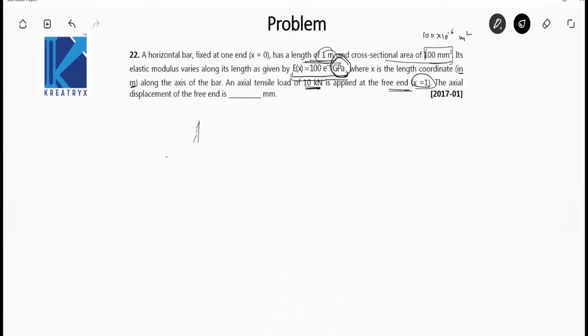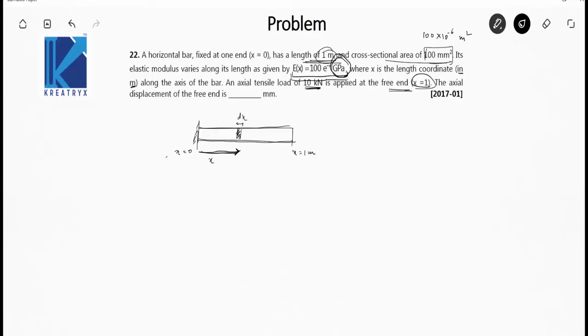let this be a horizontal bar, and at a distance x from the fixed end, not from the free end, because here x is equal to 0 and here x is equal to 1 meter. So at a distance x from the fixed end, let there be an element of length dx.